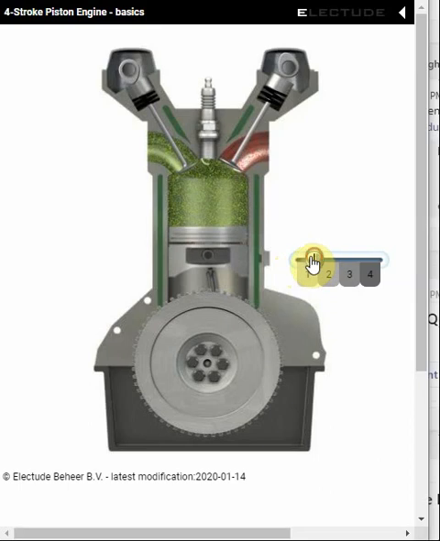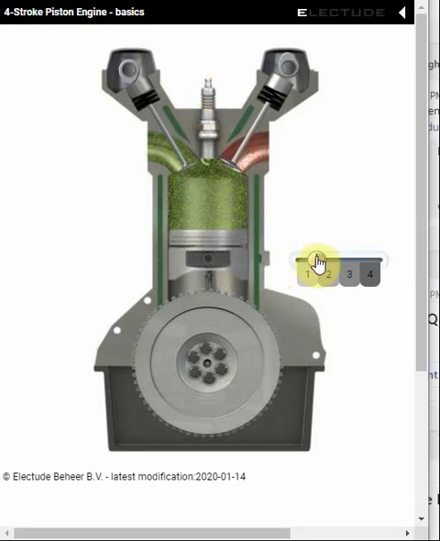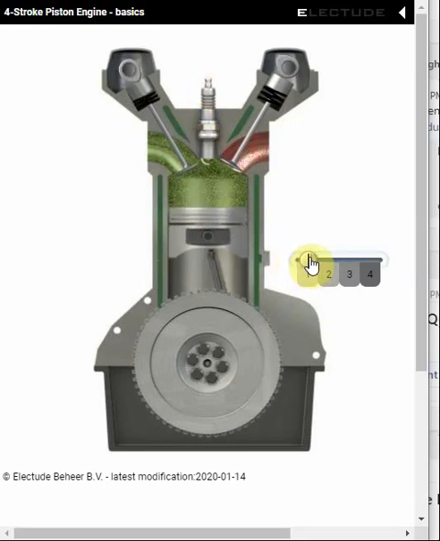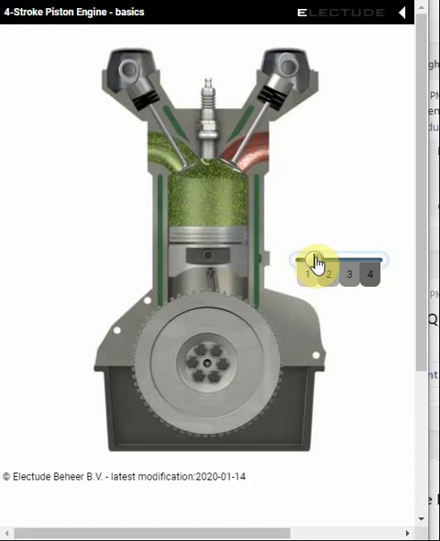Second stroke. Compression. I'm going to compress the fuel and air in here. Close both valves. Keep it all in here. So our sealing points are here. Intake valve, exhaust valve, our rings, and here's our spark plug that'll ignite it in the next stroke. So my intake stroke is here, pulls air and fuel in. Stroke number 2, compression.